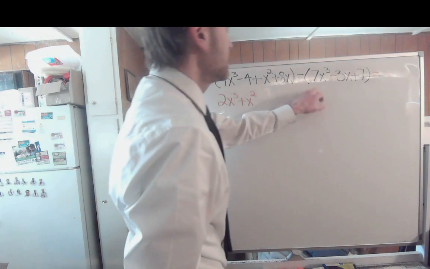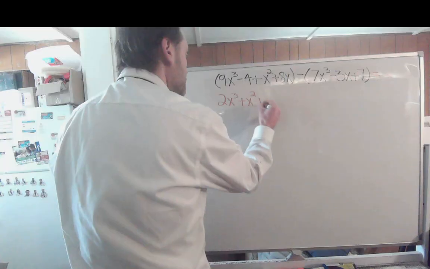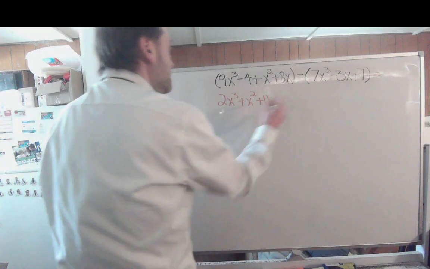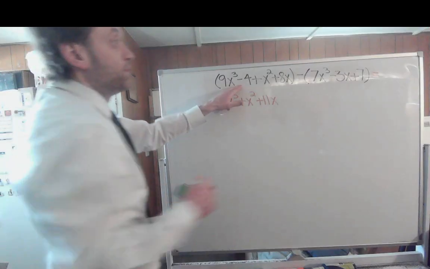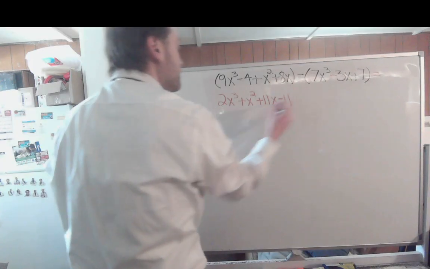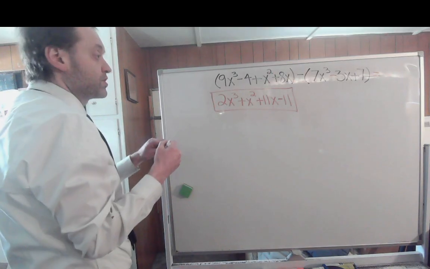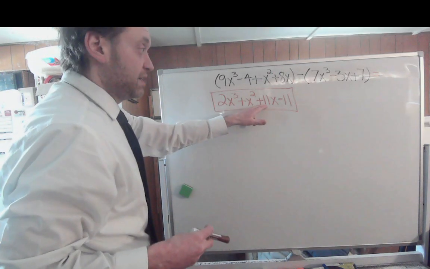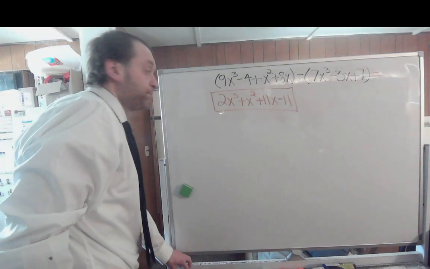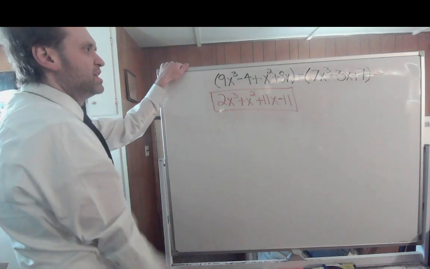You'd have 8x minus negative 3x, that's 8x plus 3x, so that'll give you plus 11x. Then you have negative 4 minus 7, that'd be minus 11. So what you should get in the end here is going to be 2x to the third plus x squared plus 11x minus 1. Sorry, 11x minus 11, excuse me. I don't know where I got the 1 from, it's 11.